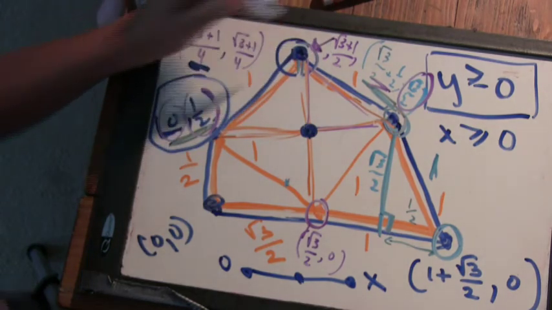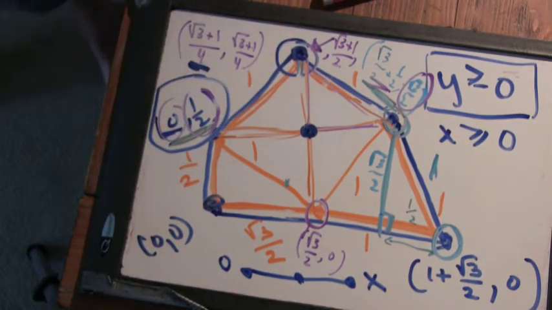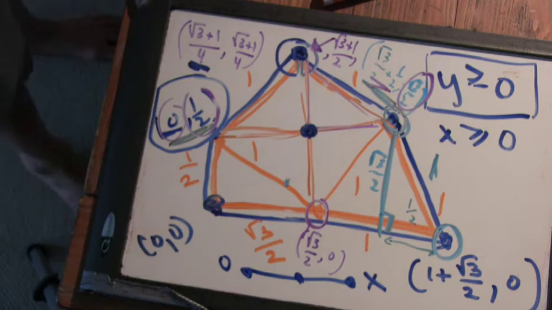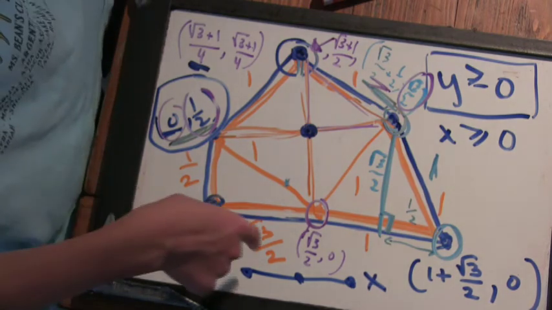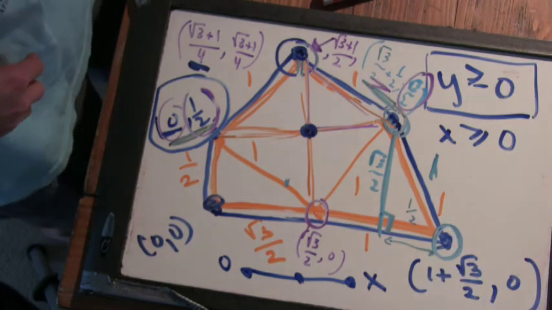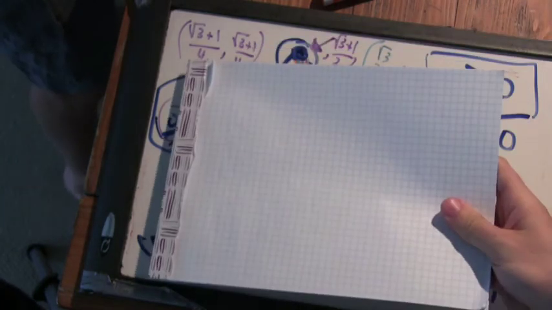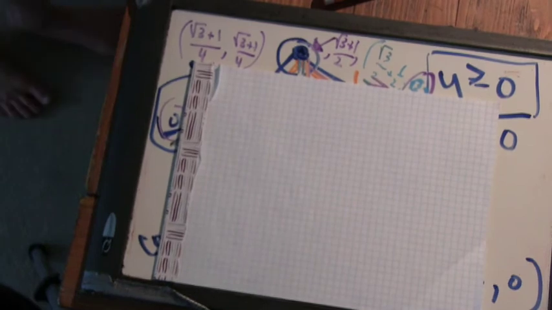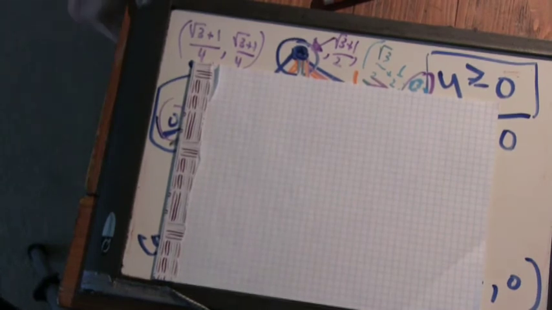Now the x coordinate is slightly more tricky. I want to keep the picture and I need another whiteboard, so instead of the whiteboard we're going to do it with a piece of paper. Right.